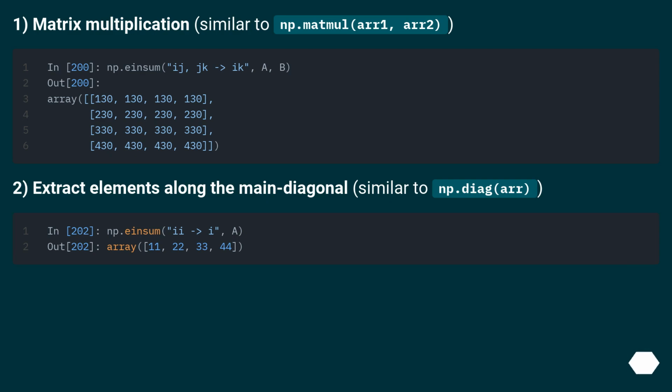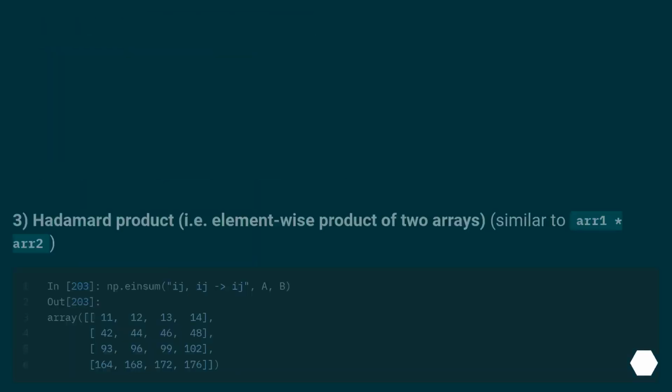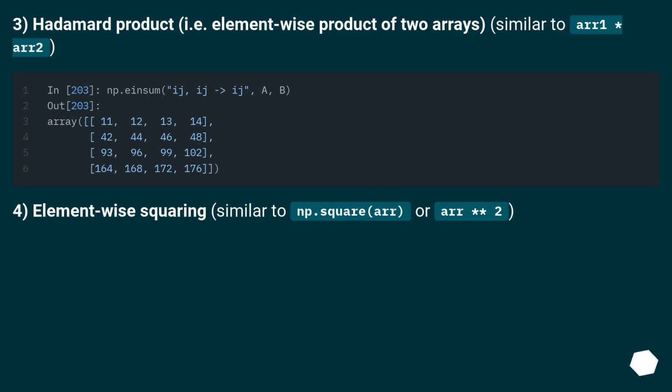Extract elements along the main diagonal, similar to np.diag. 3. Hadamard product, i.e. element-wise product of two arrays. 4.